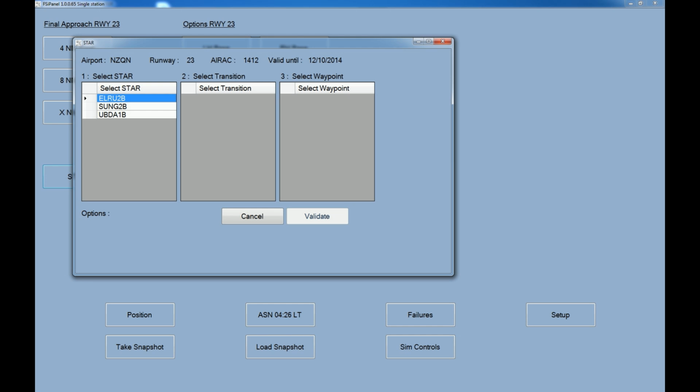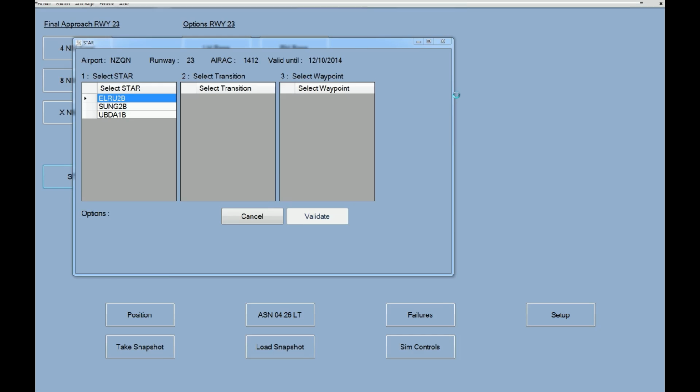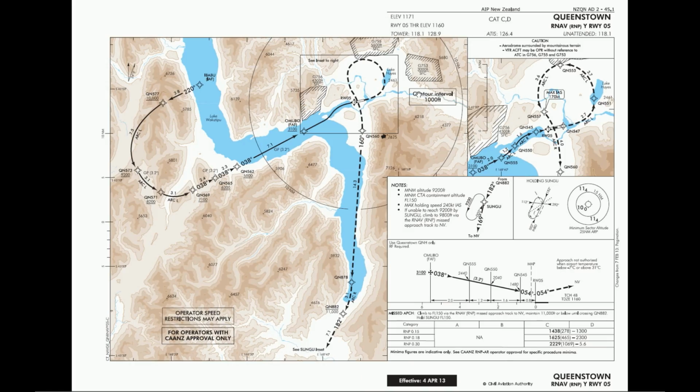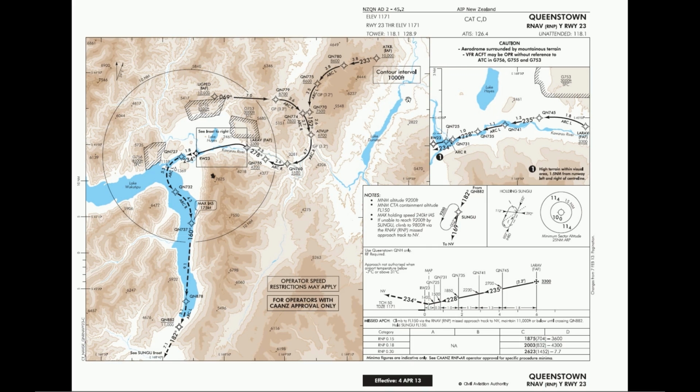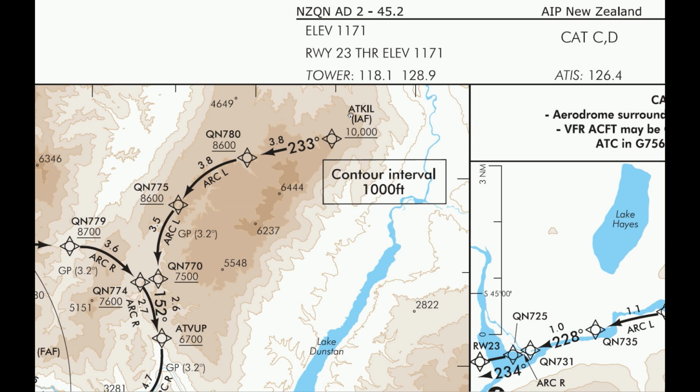So let's have a look again at this chart here. This is what we want to do. So we will start here. The idea is to start over ATKIL, the initial approach fix, at 10,000 feet. So we don't really need a STAR, this is already the approach.